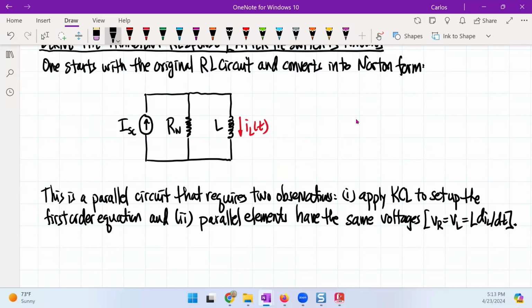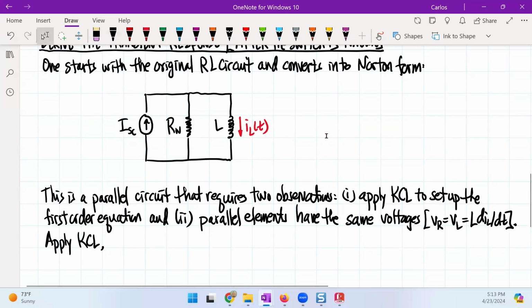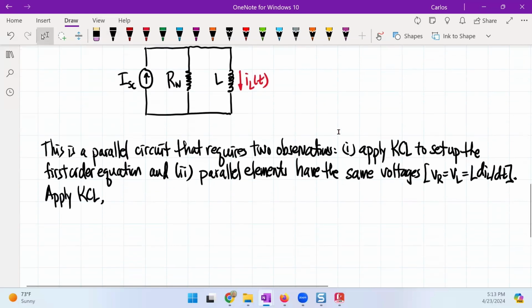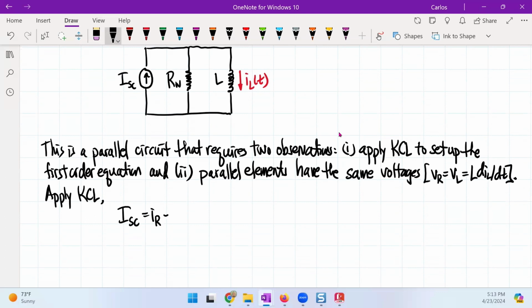So now if I apply KCL, we see by looking at the circuit that I short circuit is going to be the current through the resistor plus the current of the inductor. And of course, they both change as a function of time. But the resistor has the voltage of the inductor.